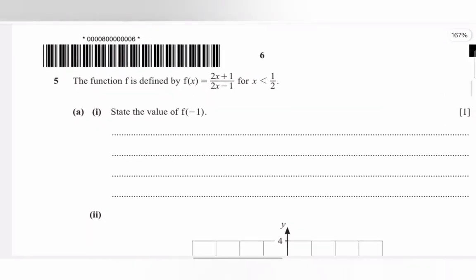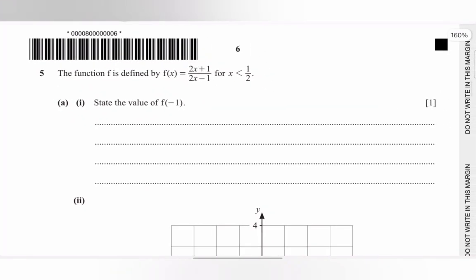And for number 5, it says the function f is defined by f of x being equal to 2x plus 1 over 2x minus 1 for x being less than half. And part A is saying state the value of f of minus 1, meaning you're just going to substitute x with minus 1 here.